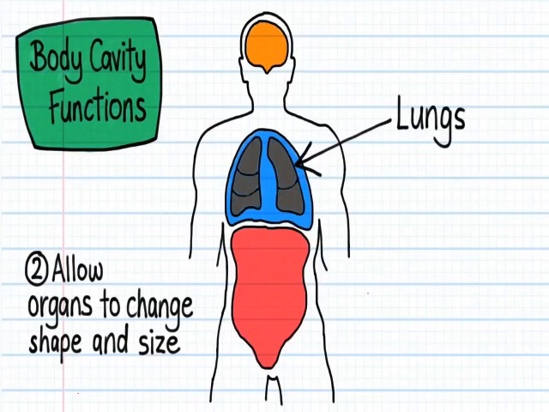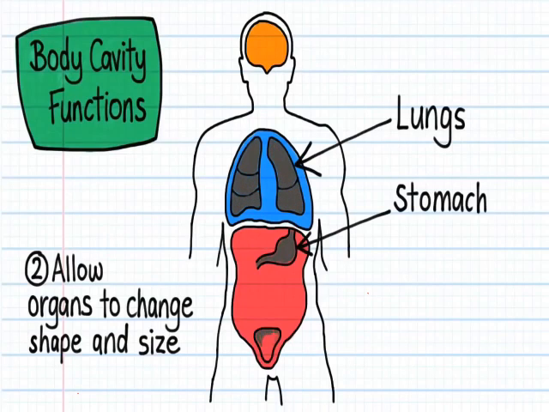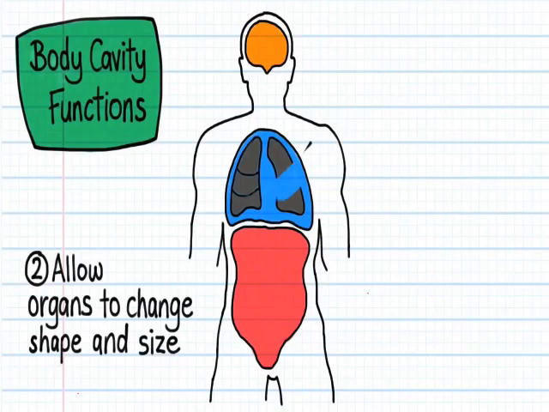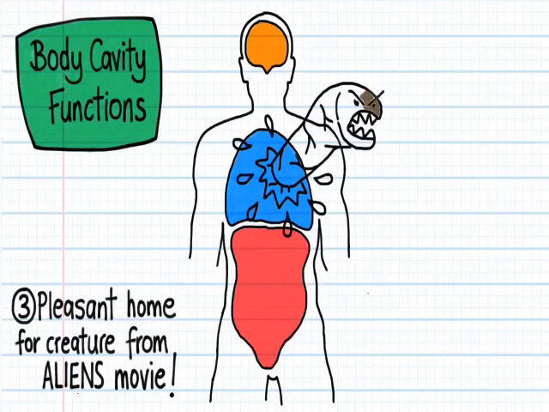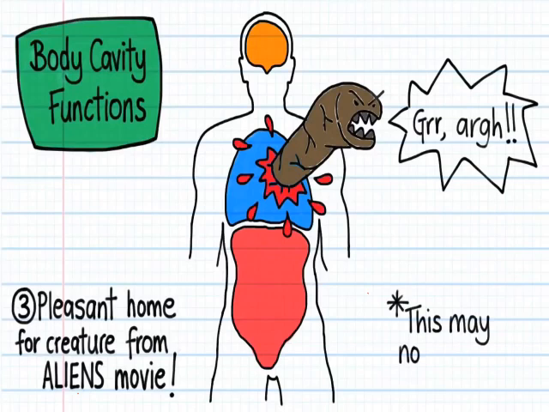For example, our lungs, stomach and bladder can all expand and contract because they sit inside cavities. And lastly, body cavities provide a warm, nurturing space for foreign creatures to implant into, grow and burst from in the alien movies. That's it, man. Game over, man. It's game over.